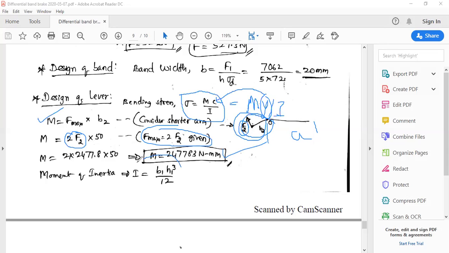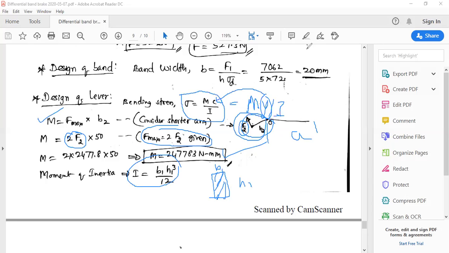Next, we have to go for the calculation of the moment of inertia, which is given by b1 h1 cube divided by 12. What is b1? b1 is the width of the lever, and h1 is the thickness of the lever. So this is h1 and this one is b1. This is the rectangular cross section of the lever.